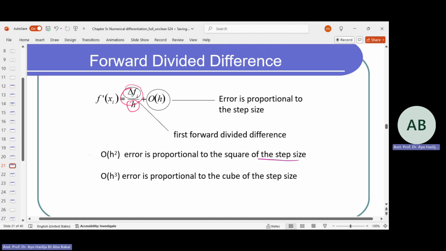Now, in differentiation, we also have O(h), O(h2), O(h3). Okay, so the difference is the step size. O(h2) is higher level, where the step size is the square of the step size. Okay, O(h3), another higher level.